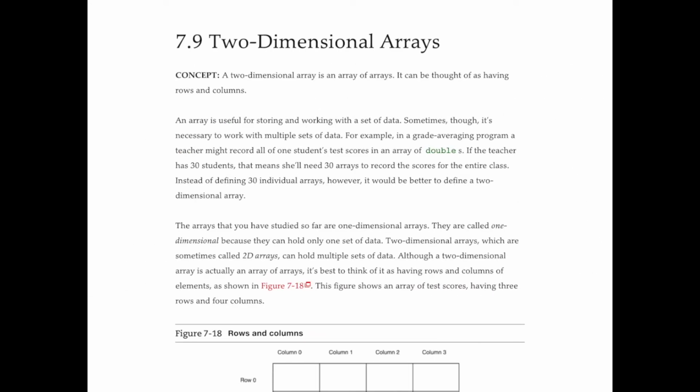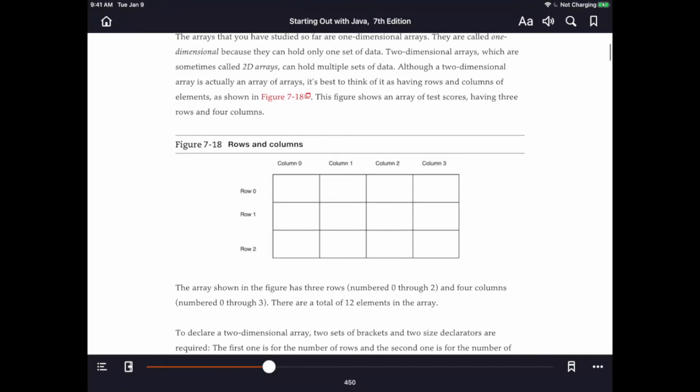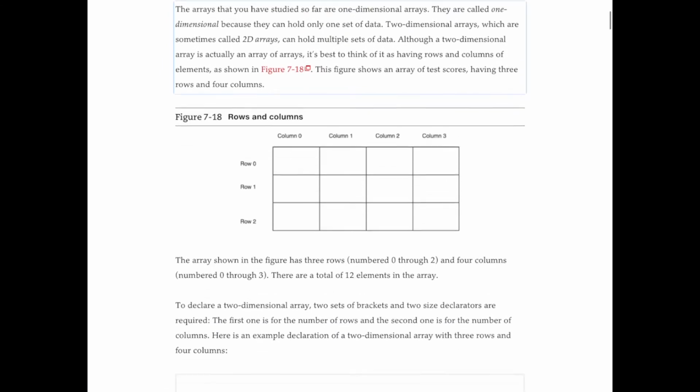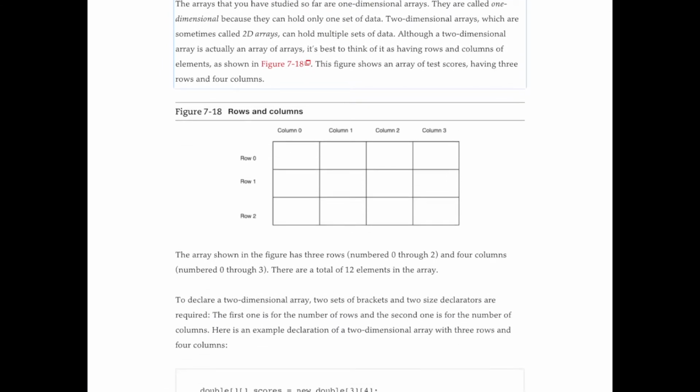Essentially, and again, this is on page 450 and thereabouts, a two-dimensional array is an array that can hold multiple sets of data. Do remember that all of the arrays we use in Java have to be homogeneous, which is to say they have the same data type.